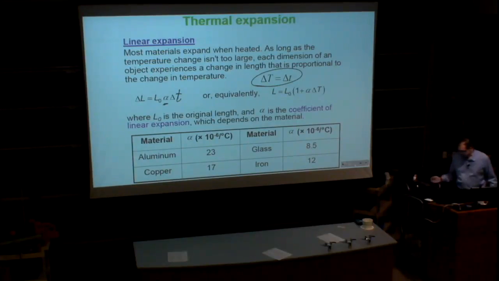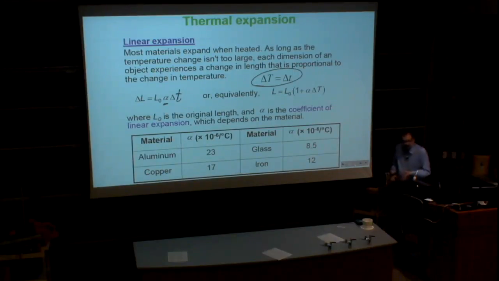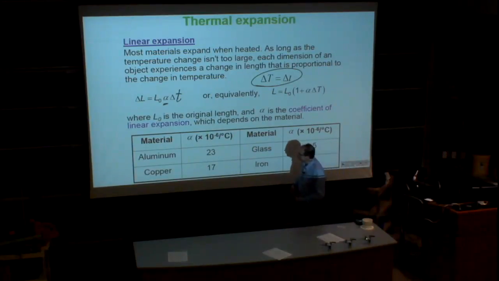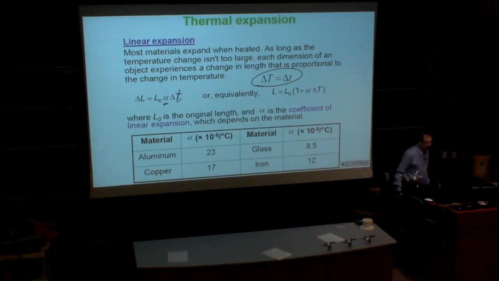The coefficient, which has a name, coefficient of linear expansion, of course depends on internal properties of that material, and has been measured for all important materials. And sometimes instead of a Celsius degree, you may see a Kelvin degree, but it will not make any difference.